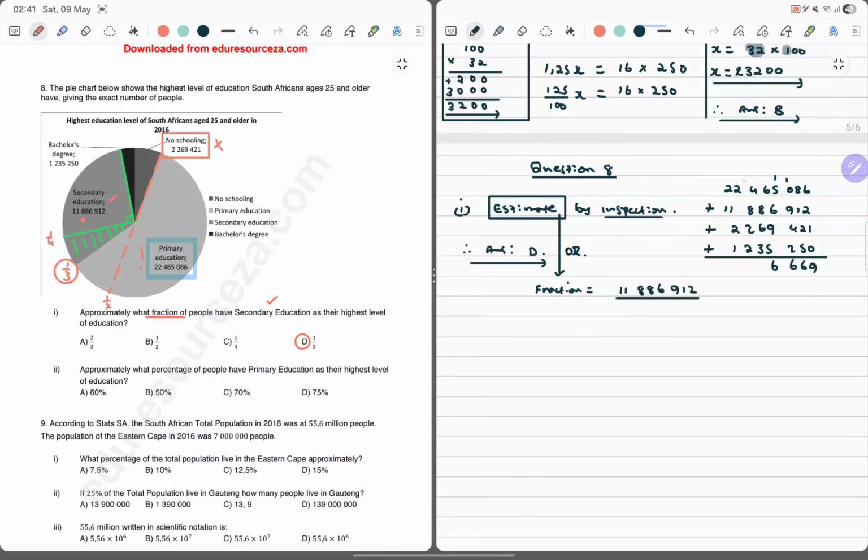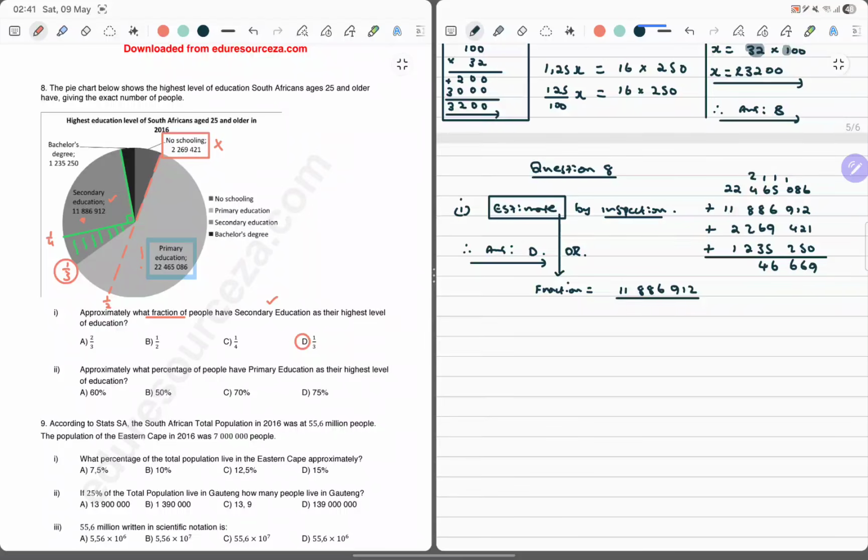We carry 1. And then we've got 7 plus 8, that's 15. Plus 6, that's 21, 24.